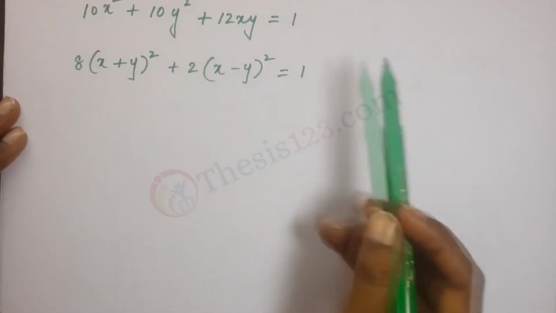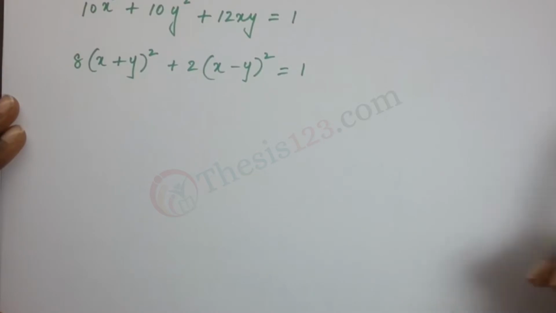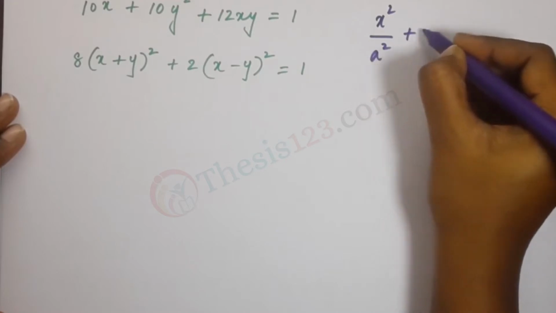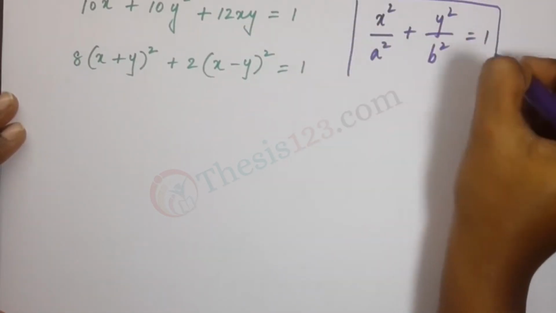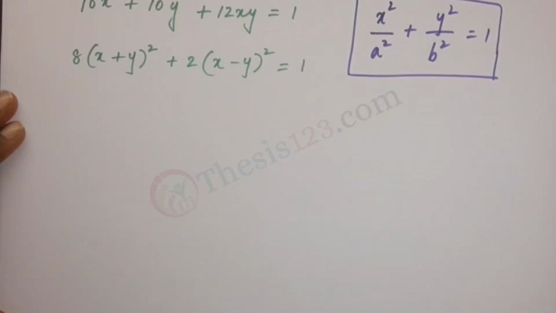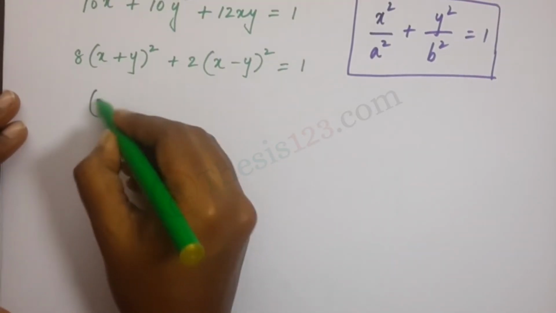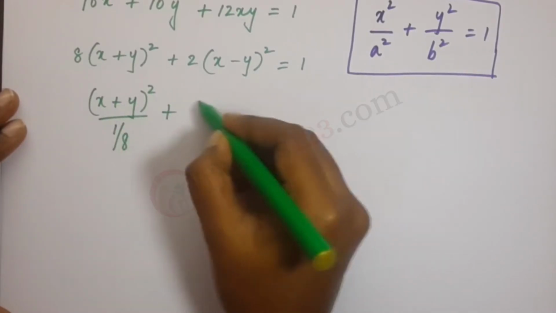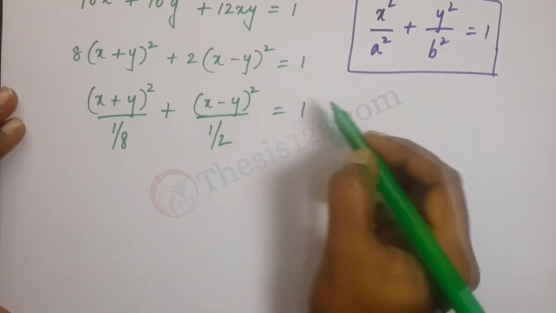Now let's write it in the general form of an ellipse. You're quite familiar with the general form: x square by a square plus y square by b square is equal to 1. This is the general notation. So if we were to rearrange, we'll bring the 8 down and the 2 down here. So we will get x plus y whole square divided by 1 by 8 plus x minus y whole square divided by 1 by 2 is equal to 1.